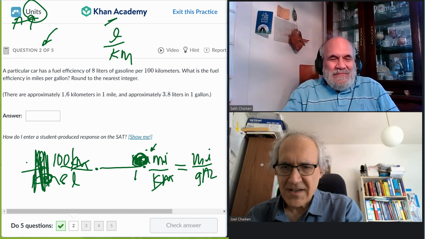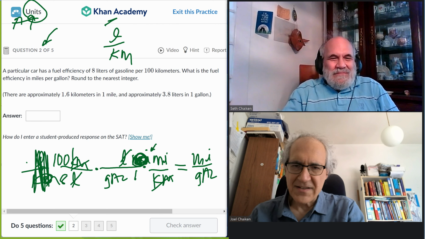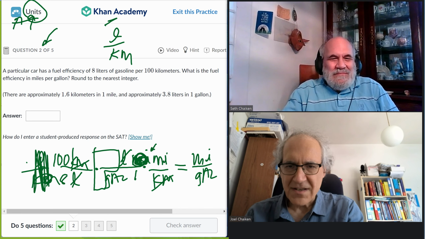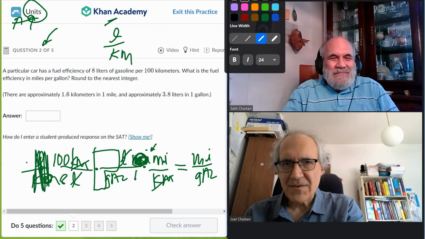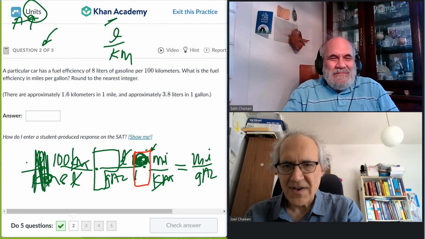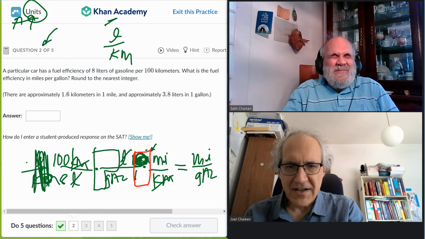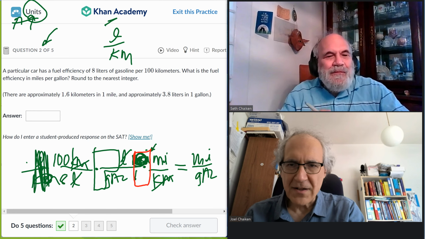So the kilometers cancel, which is good. And you want the gallons here, and you want the liters here, so the liters cancel. So we've done the unit analysis. Now we just have to fill in these numbers, right? These ratios. Gallons per liter or liters per gallon, miles per kilometer or kilometers per mile.